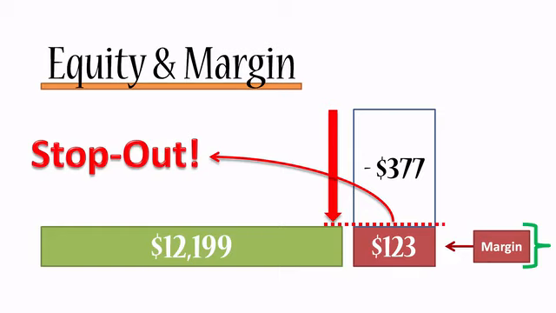But at the same time, if that market movement is so drastic and so quick that it chews up through all of your margin, then before the broker is able to close the position, the broker's funds will start to suffer. So the market will start eating into the 12,199 that the broker lent you in this specific example. And that is an additional risk.